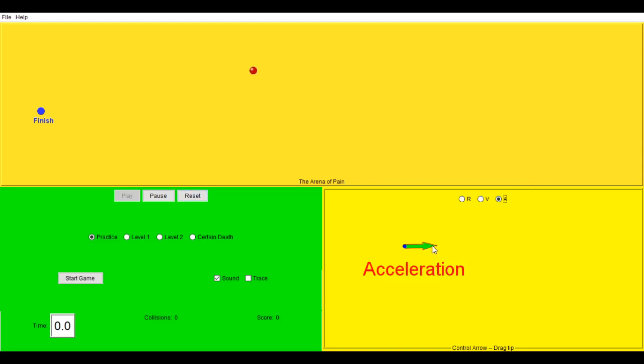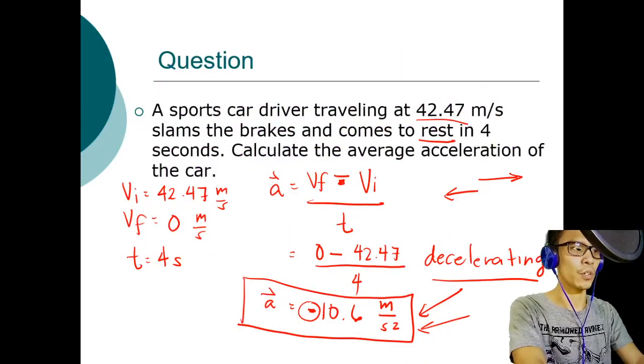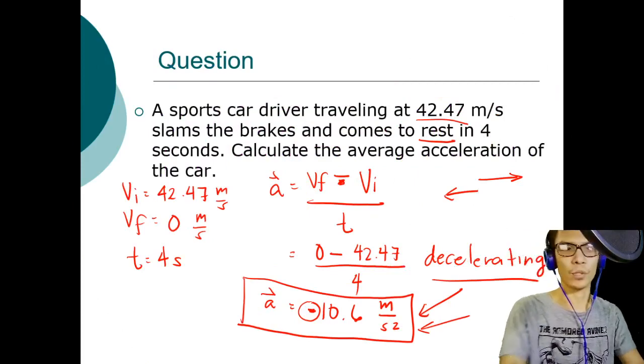If the object is traveling in a certain direction and then an opposite acceleration happens, the object is decelerating. As you can see in the simulation, the object travels faster, then starts to become slower and goes back in the opposite direction. So that is the answer to this question. A negative acceleration is called deceleration. Alright, next one.